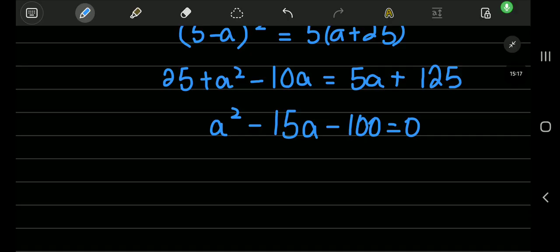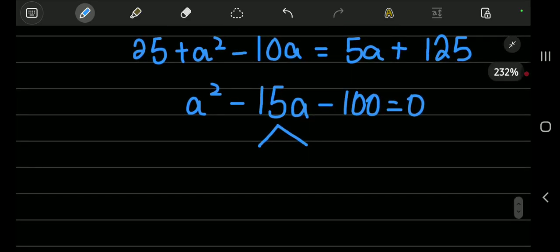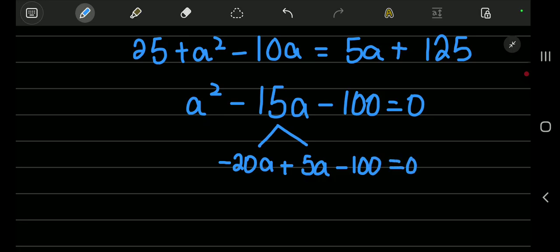We can break the middle term, or you can use the quadratic formula as well, but I'm using the breaking of the middle term. Which two factors, when added, should give you minus 15a, and when multiplied should give you minus 100a squared? It must be some bigger number with a negative sign. So minus 20a plus 5a gives you minus 15a, minus 100 equals 0.